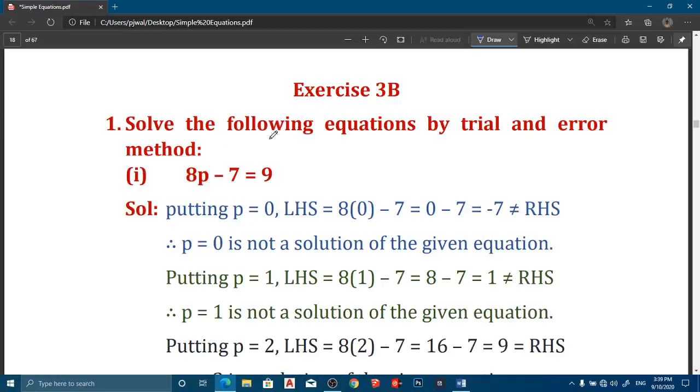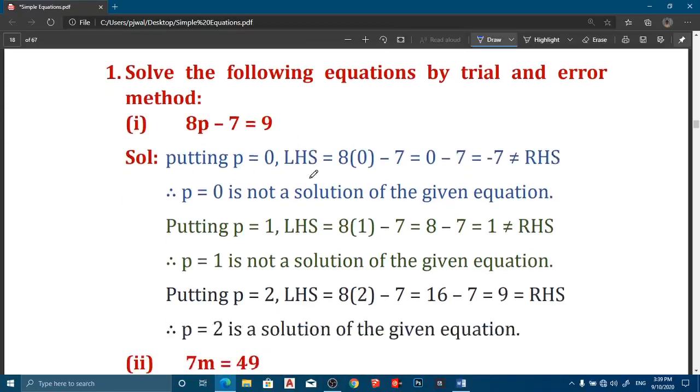First, see exercise 3b. The first problem is: solve the following equations by trial and error method. 8p minus 7 is equal to 9. First I am trying with p is equal to 0. Generally there is no need to put 0, but I am starting from 0. Take the LHS.